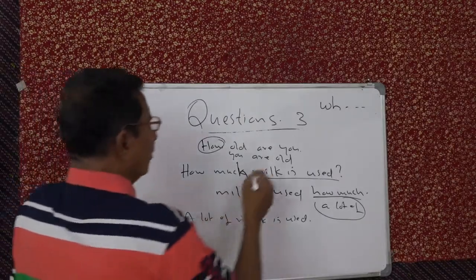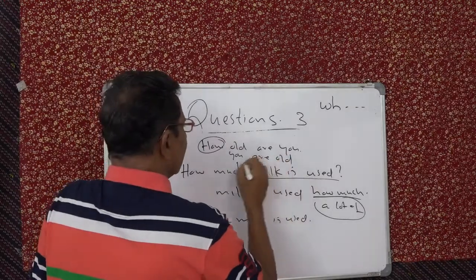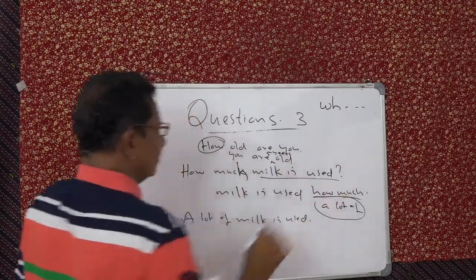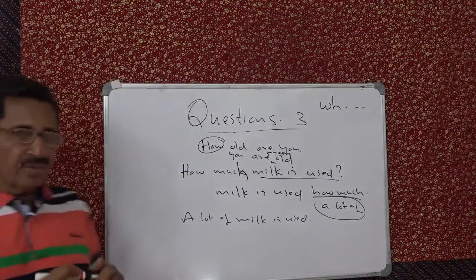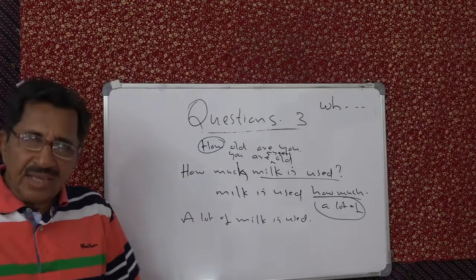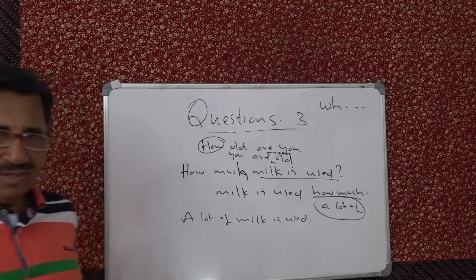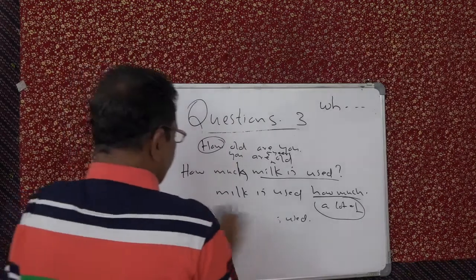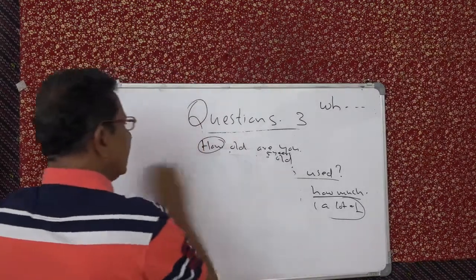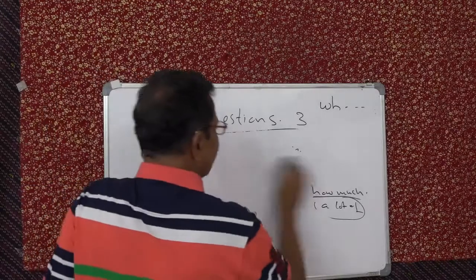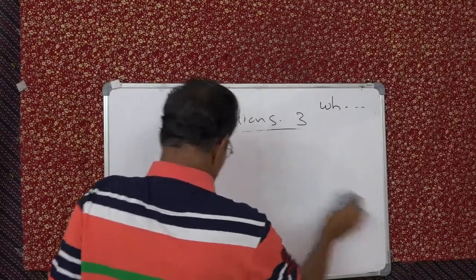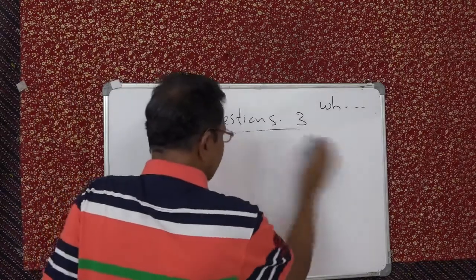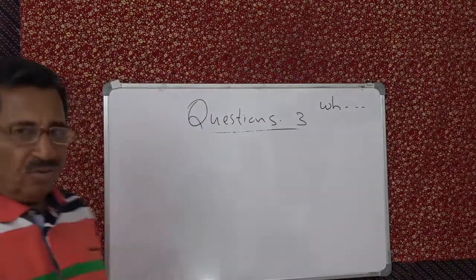You are 5 years old. How old are you? You are 5 years old, or 3 years old, or 4 years old, whatever it is. Did you get that point? So you should be in a position to change any question given to you to a statement, and a statement to a question.